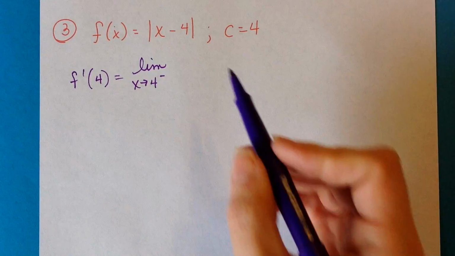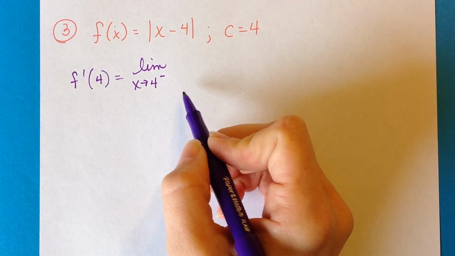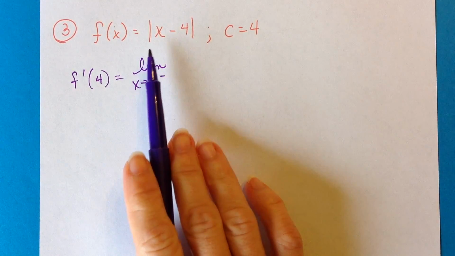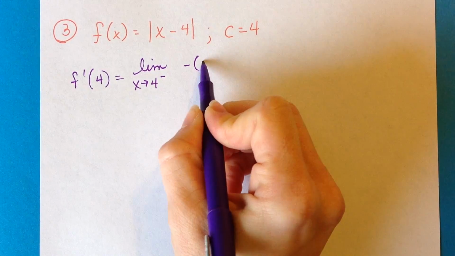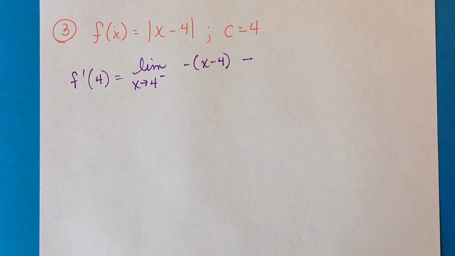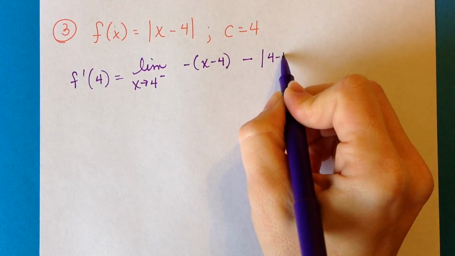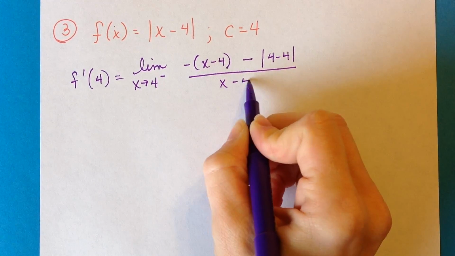Now, when you go to write your function, because you are looking at it from the left-hand side, what you're actually going to have is going to be the negative of this. So you'd have the negative of x minus 4. Then you have to subtract from that the function evaluated at 4 divided by x minus 4.